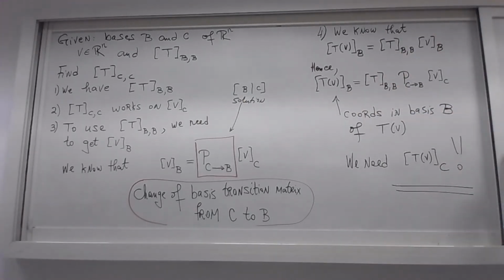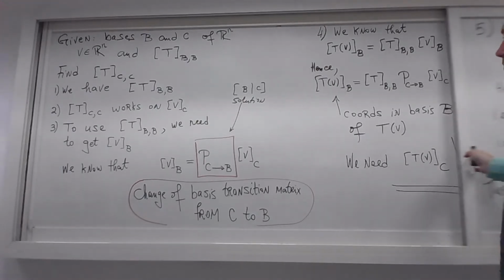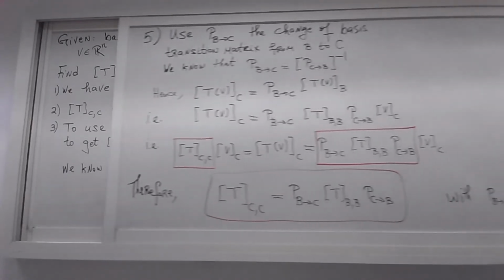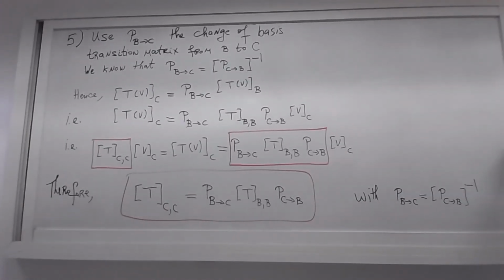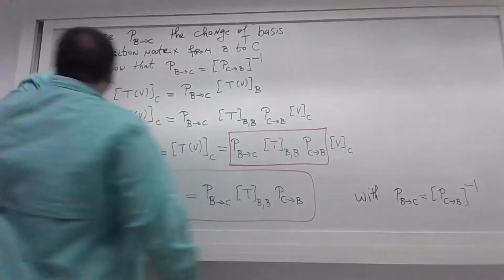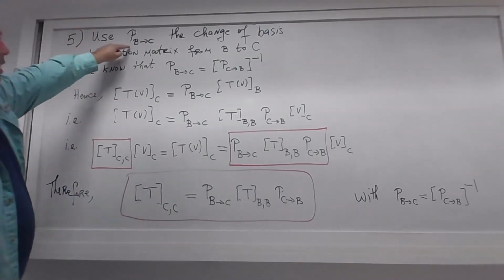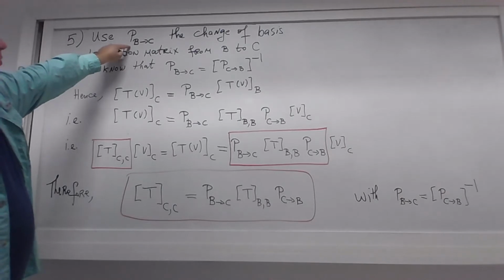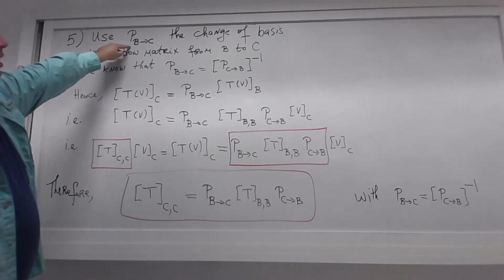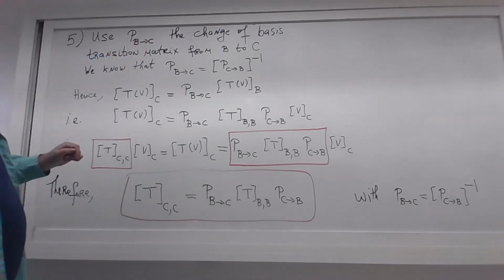Well, guess what? We use the change of basis transition matrix. So now we have the coordinates in basis B, and we need to convert them into coordinates in basis C. We are going to use the change of basis transition matrix from basis B to basis C.